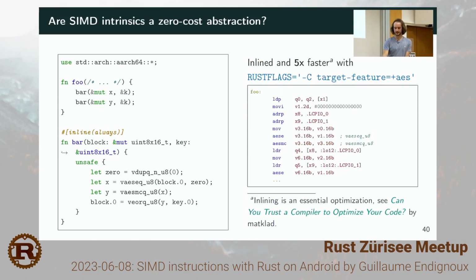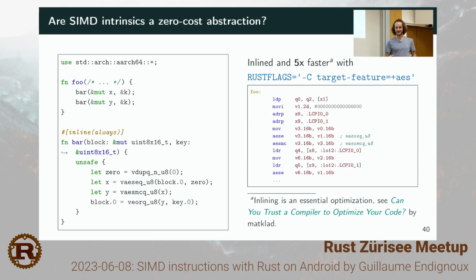And when I compile the same code with the Rust flags for the target feature, so at compile time I guarantee that these features are implemented, everything got inlined, so I directly have the SIMD instructions one after the other. And therefore, everything was 5 times faster, which is a huge difference. 5 times is the order of magnitude you can expect in general for SIMD.